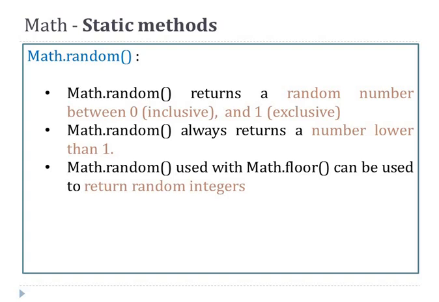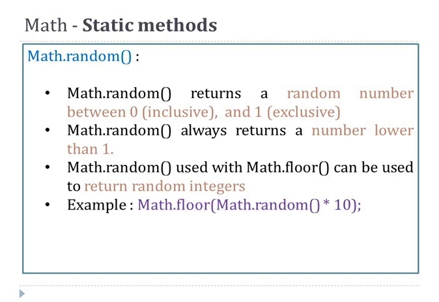Now it can be used with the Math.floor function to return random integers. For example, now you can see that we are using both functions, Math.floor and also Math.random. If you use Math.floor, and in the floor function you pass Math.random multiplied by 10, what will happen?